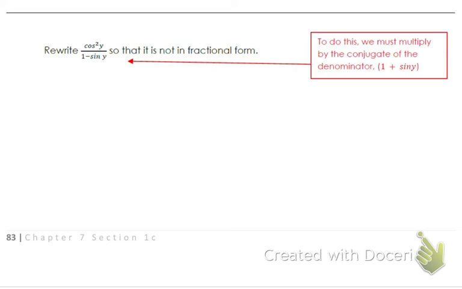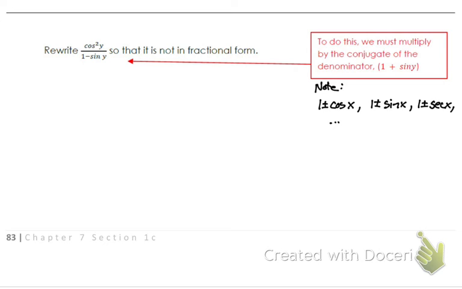If we see something like this, 1 plus sine of a number, 1 minus sine of a number, I will put a little note here. We need to start recognizing these items, like 1 plus or minus cosine, 1 plus or minus sine of a number, or even 1 plus or minus secant of x.